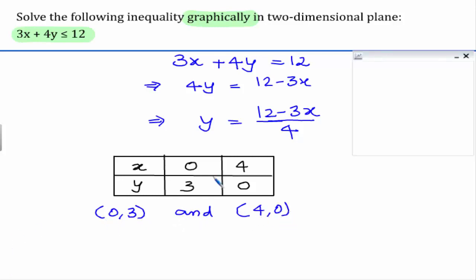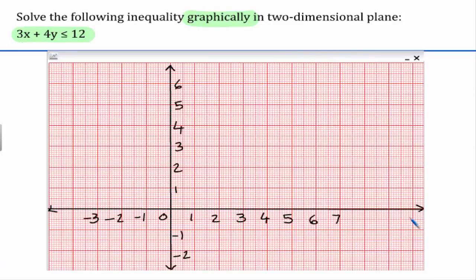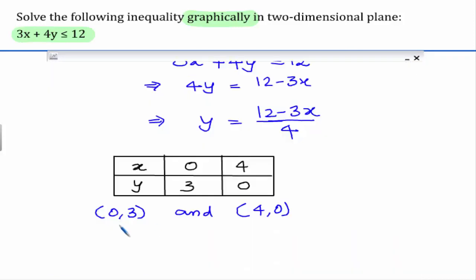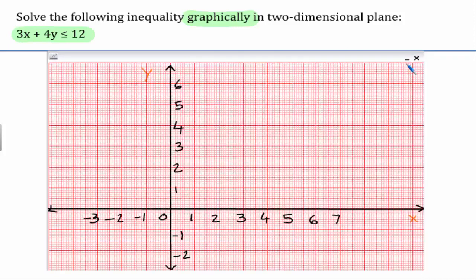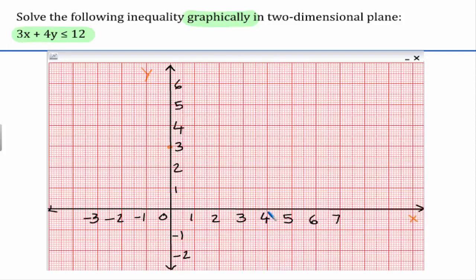Now let us draw the graph using these two ordered pairs. Here is the x-axis and here is the y-axis. (0, 3) will be here, and (4, 0) will be here. Now let us draw a line passing through these 2 points.